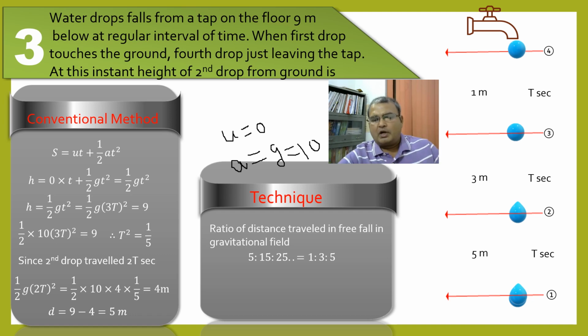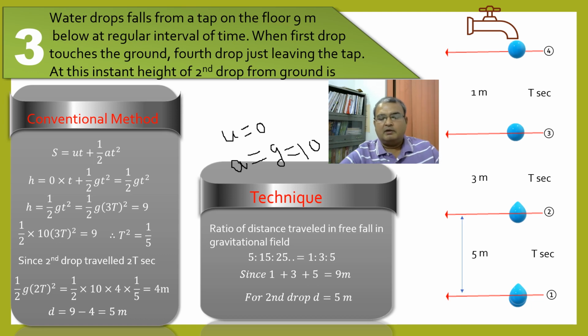Look, the total height is given to you, the 9. If this is 1, 3, 5, 1 plus 3, 4 plus 5, this is 9 meter. It is telling 1 plus 3 plus 5 is the 9 meter. For the second drop, it is very much clear from the diagram. D is nothing but 5 meter.